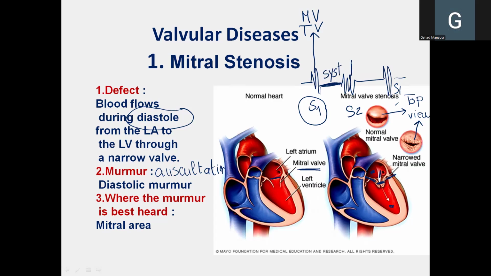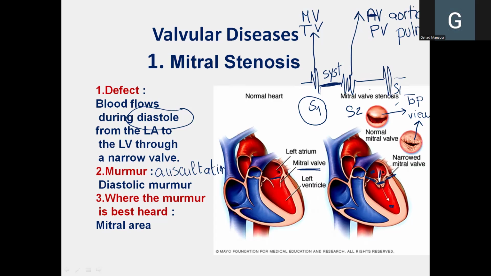And then the second heart sound occurs due to closure of the semi-lunar valves, the aortic valve and the pulmonary valve. So again, it is due to closure of the aortic valve and the pulmonary valve, which are the two semi-lunar valves.